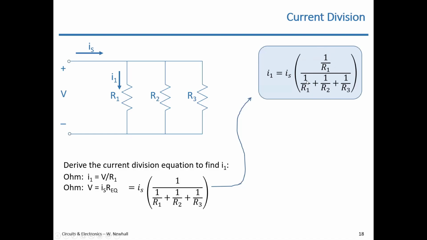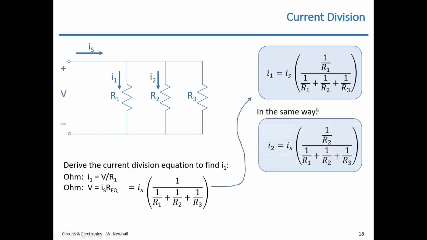On the bottom, in the denominator, the sum of the reciprocals of those parallel resistors. You could use that pattern to figure out I2. I2 is equal to the current coming into that parallel set times this ratio: on top, the reciprocal of the resistance through which you're trying to find the current, divided by, on the bottom, the sum of the reciprocals of all those parallel resistors.